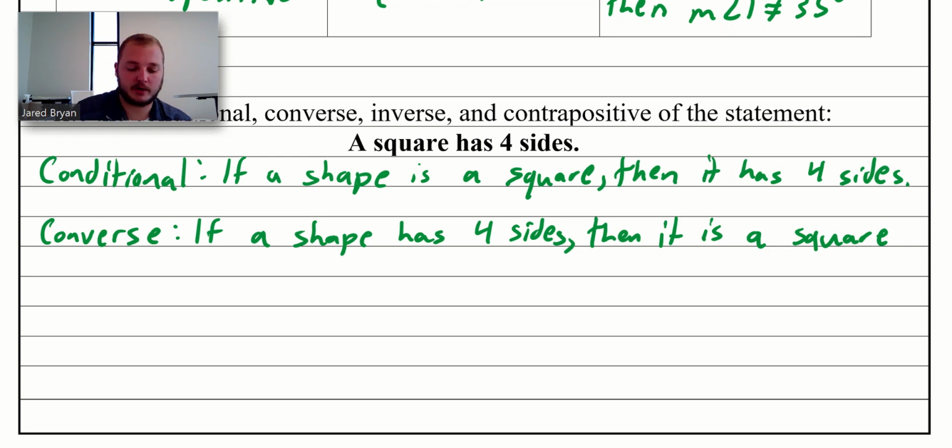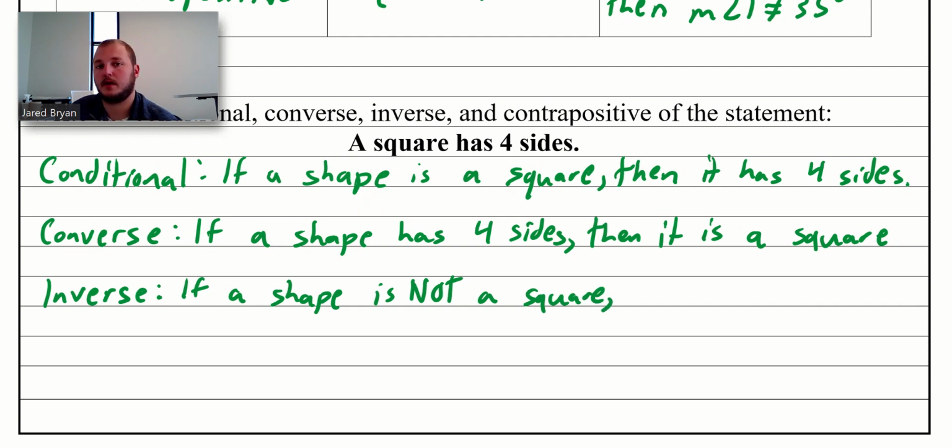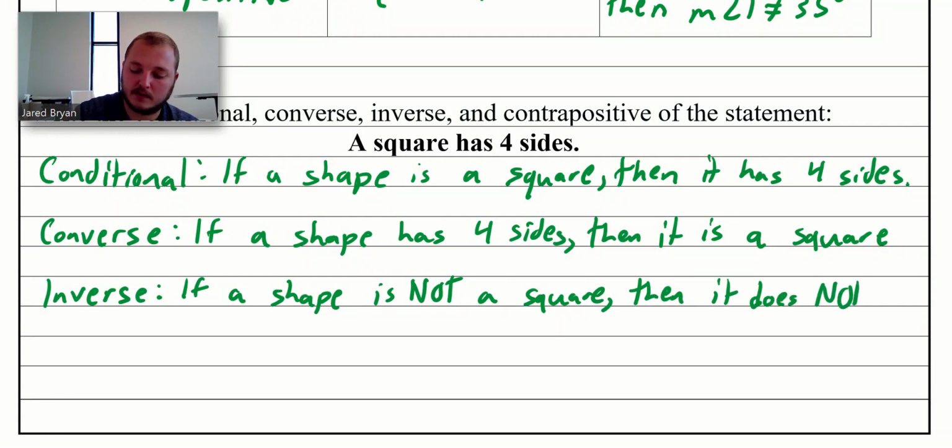Moving on here, inverse, practicing some more. Remember, I'm keeping the hypothesis and conclusion in the same place. I'm just negating them, so I'm just saying the opposite. So let's say if a shape is not a square, then it does not have 4 sides.